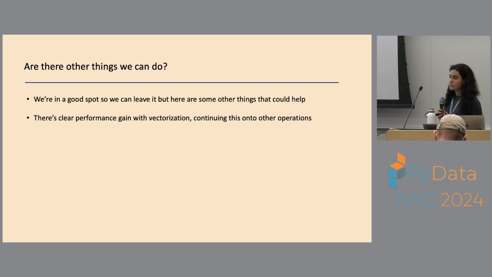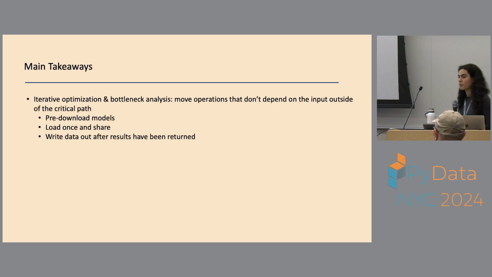In terms of next steps and whether there's other things that we can do to optimize this problem, we can continue to do the thing that helped us in the previous step, which is keeping the vector operations in NumPy instead of doing any kind of looping on our sentences and such. And so let's go over some main takeaways.